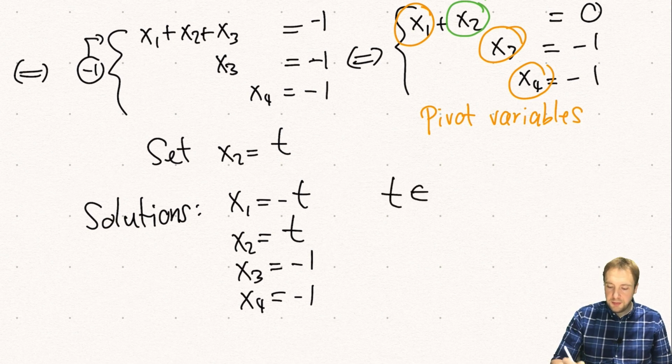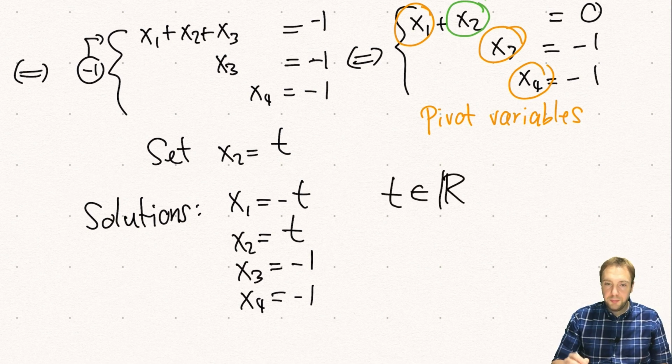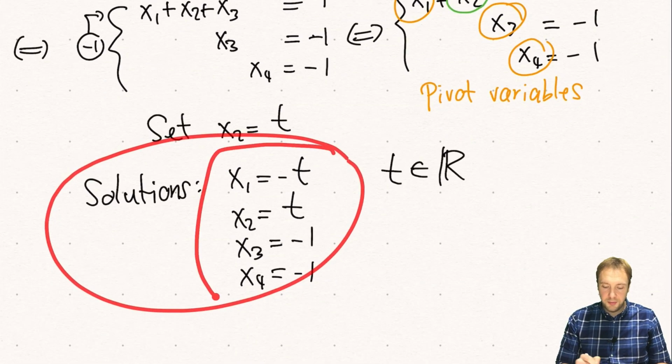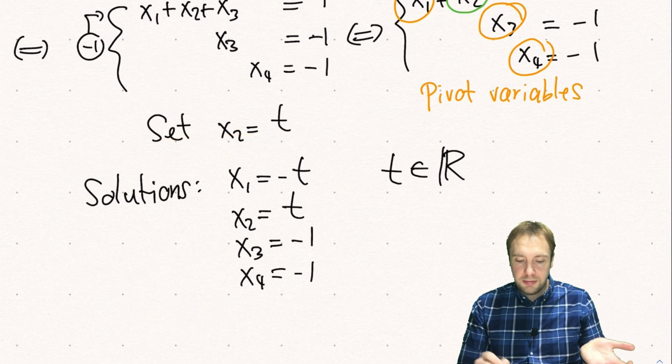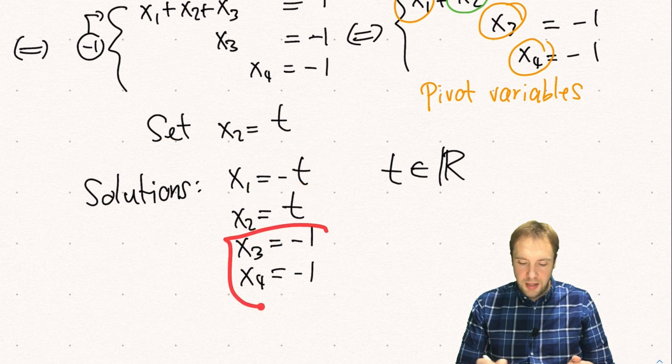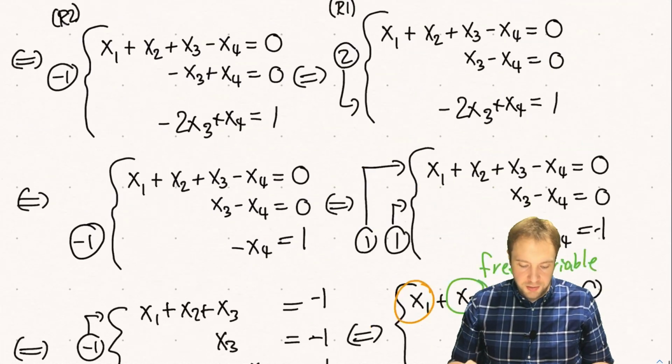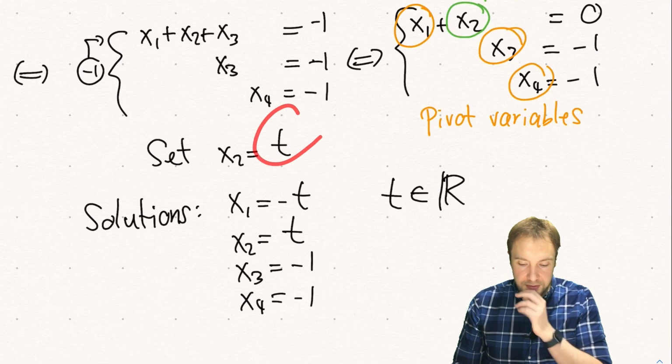And this t is now some arbitrary real number. So all the solutions for this linear system is given by this. So if we choose an arbitrary t, then x1 needs to be minus t, x2 needs to be t, and x3 and x4 are always -1, independent of the choice of this t here.